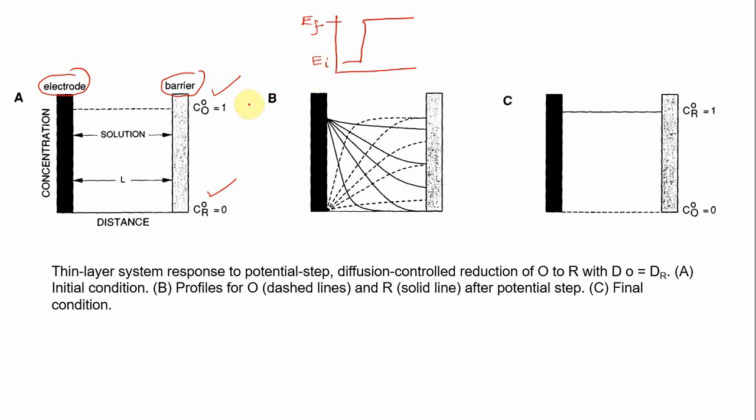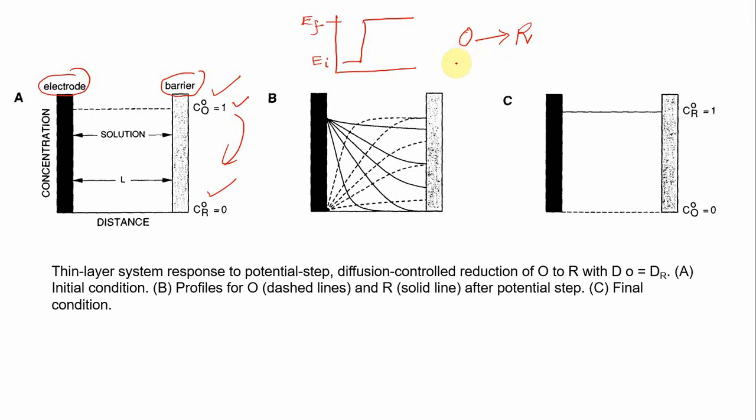E_F. Once it is stepped, it means that all of this oxidized species which is present over here should be converted from the oxidized to the reduced species, due to the stepping of the potential.